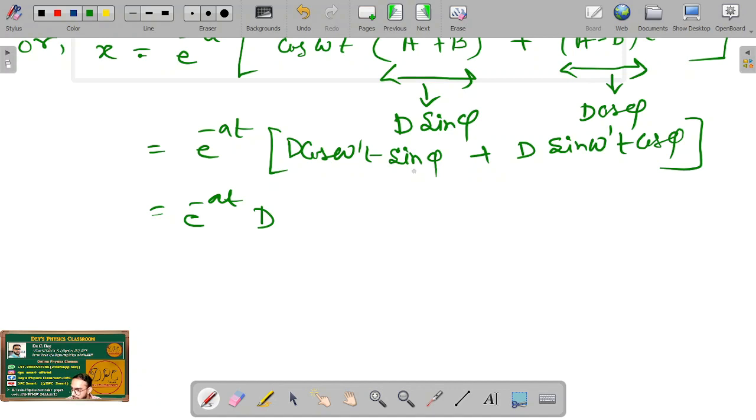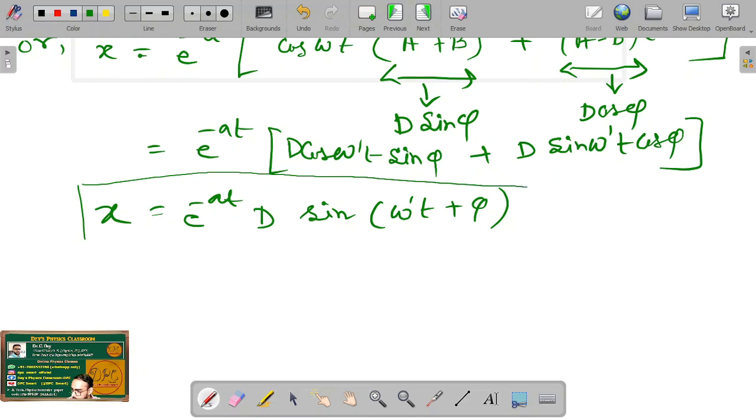This would be the sin a cos b plus cos a sin b formula. So it would be sine of omega prime t plus phi. So x would be equals to e to the power minus at into d sin omega prime t plus phi. So this is a solution of x for underdamped case.